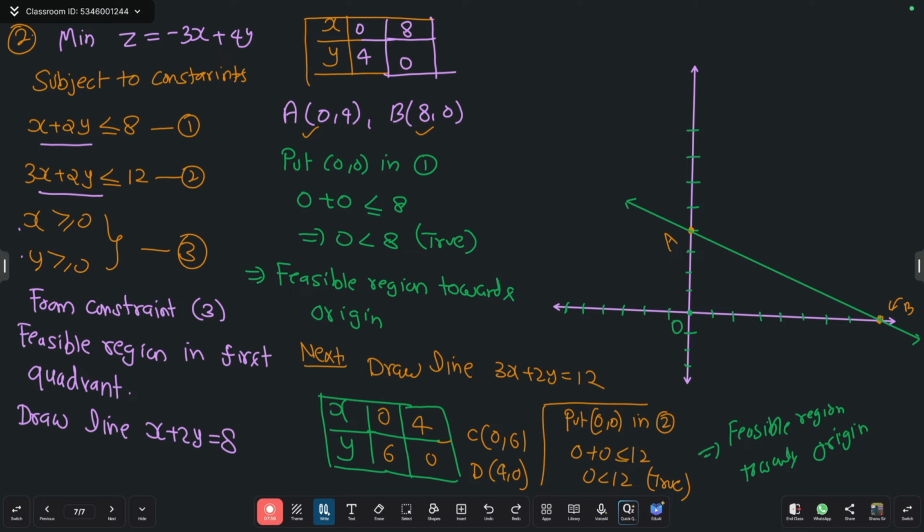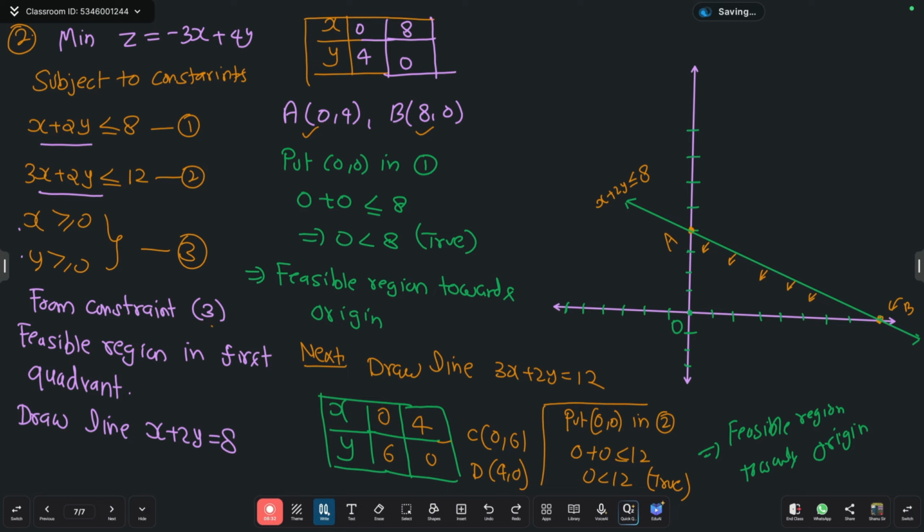This line is x plus 2y less or equal to 8, and the feasible region is towards the origin. Listen first: the feasible region is towards the origin, already decided. It means the feasible region is on this side, and in the first quadrant.